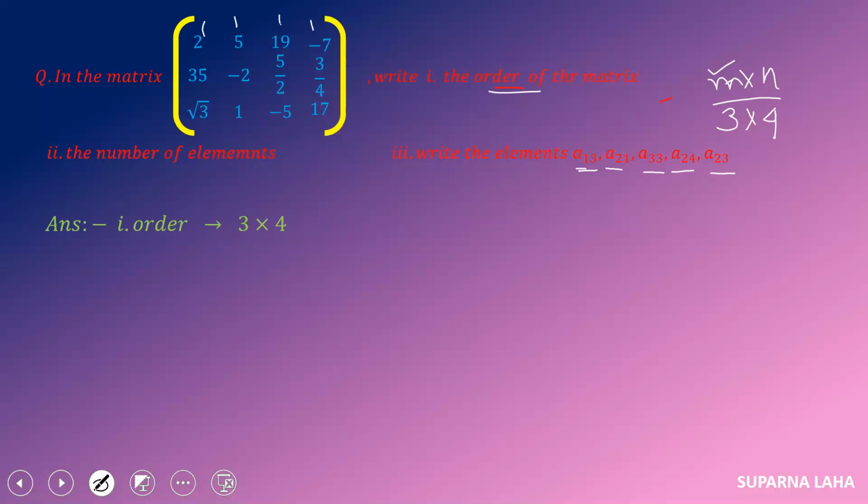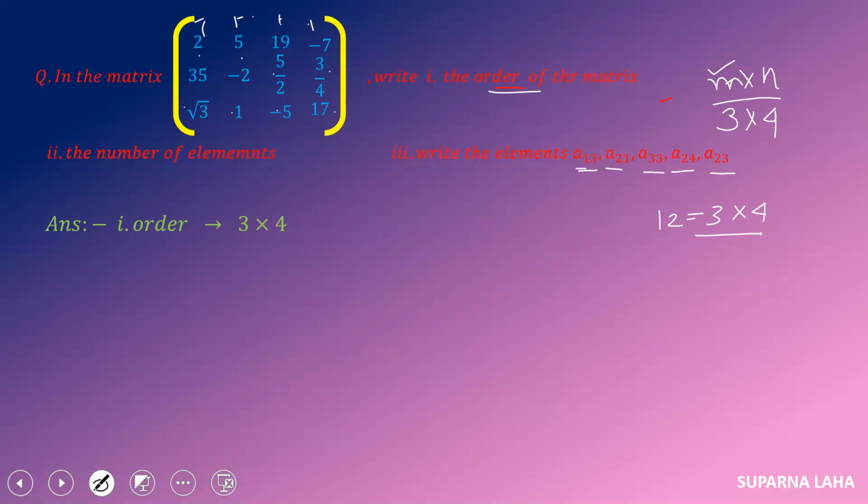Now how many elements are there? 1, 2, 3, 4, 5, 6, 7, 8, 9, 10, 11, 12. So 12 elements are there. Or I can say this 12 is equal to 3 cross 4. 3 into 4 is also 12.